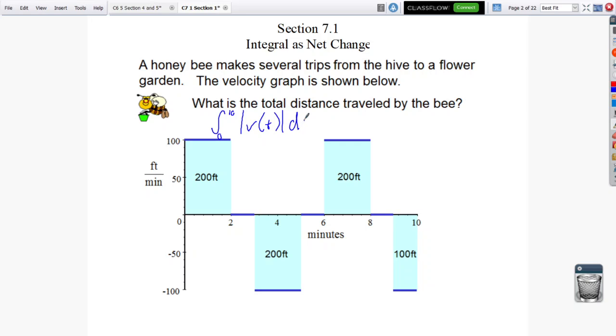So the key concept here is taking each of these distances that they traveled and not caring whether the bee was going forward or backward.